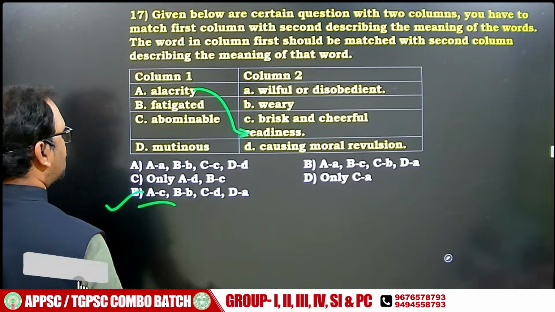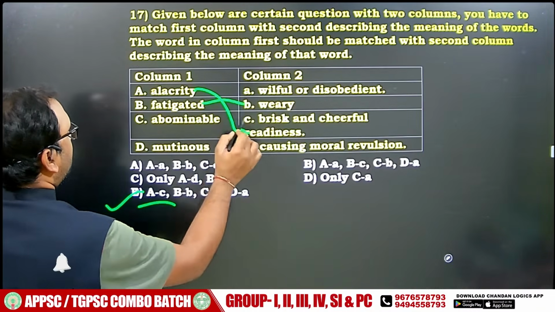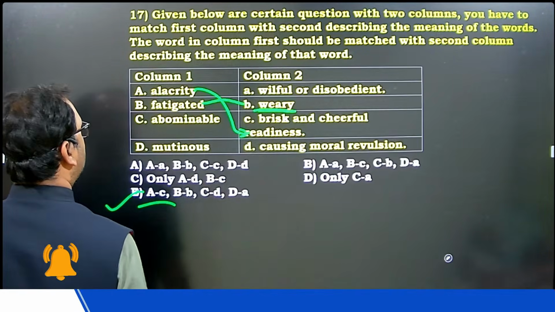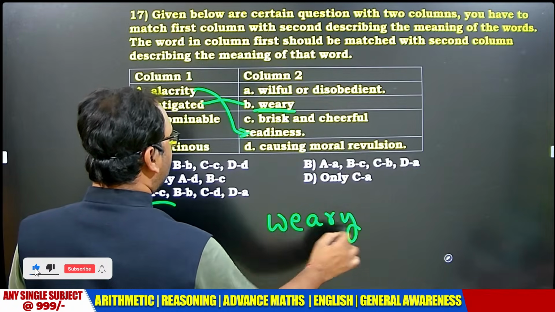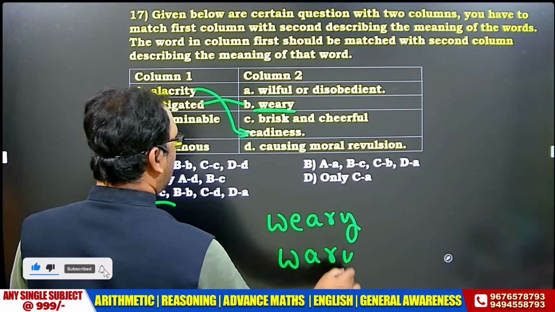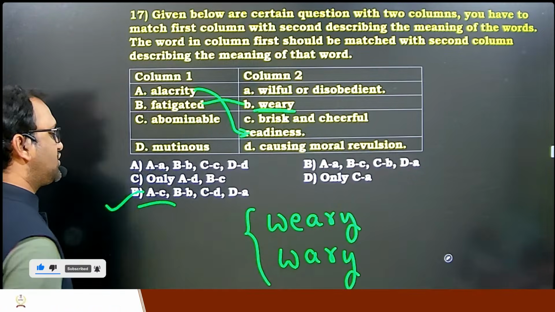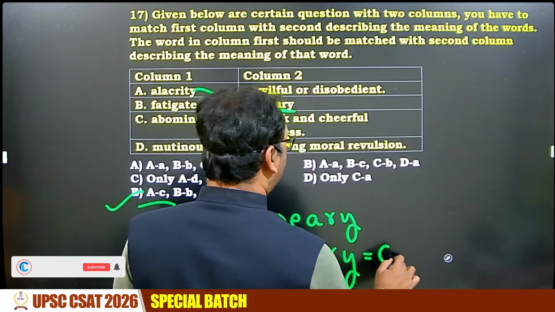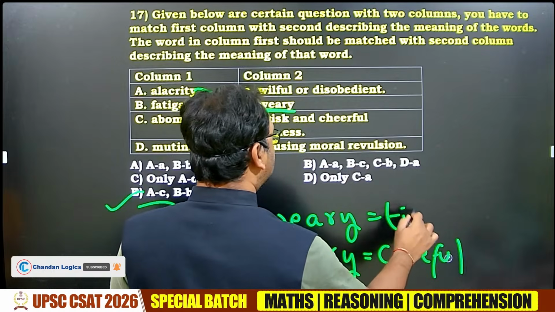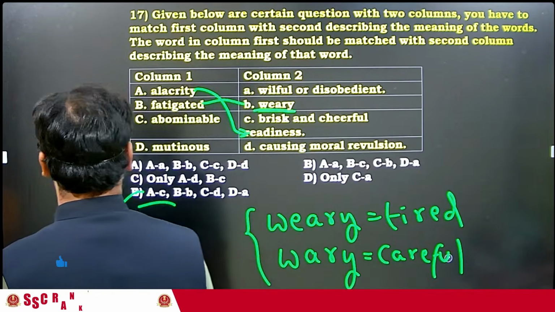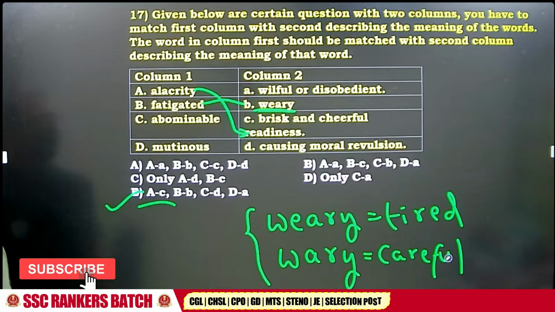And everybody knows fatigue means very tired. But here I have to mention W-E-A-R-Y is different from W-A-R-Y. Don't be confused. Wary means very careful. Weary means tired. So don't have that confusion.